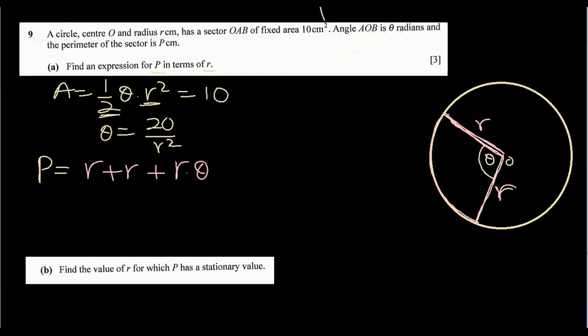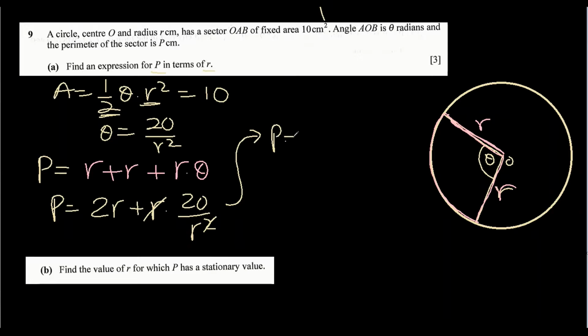So what are we going to do? We will eliminate that one. So perimeter becomes 2R plus R, and theta is 20 over R square. R will cancel with one of the R's. So finally we got it. P equal to 2R plus 20 over R.